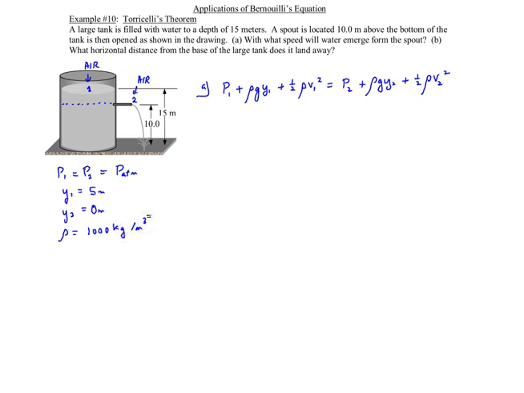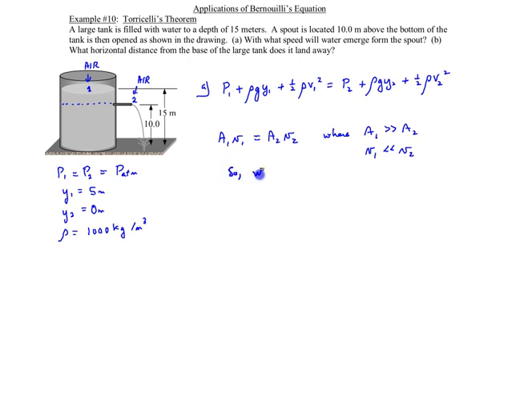The other thing we have to deal with now is the velocity. The top of this tank is really large in area compared to this little spout area. So area 1 times velocity 1 equals area 2 times velocity 2, where area 1 is much, much larger than area 2, which means that velocity 1 will be much, much smaller than velocity 2.